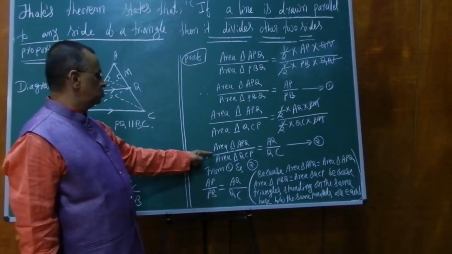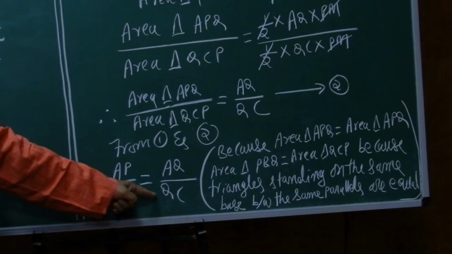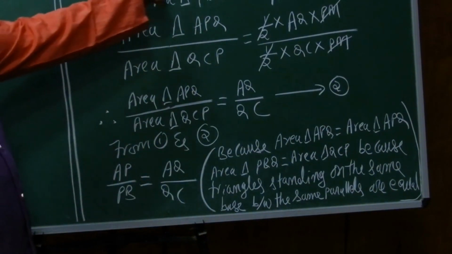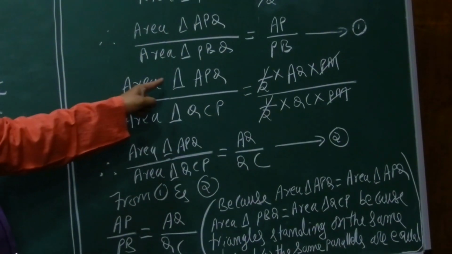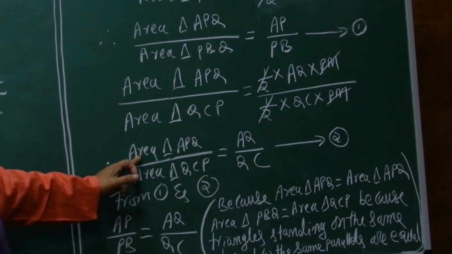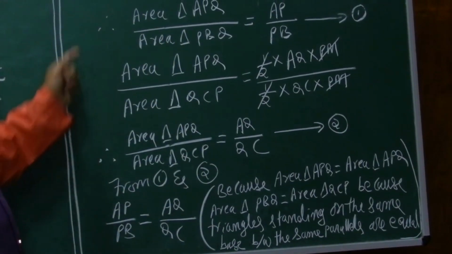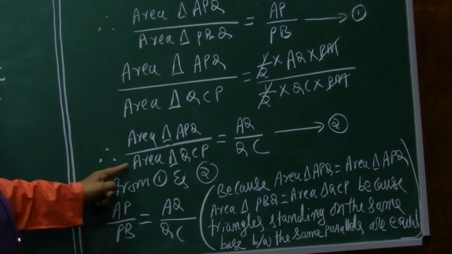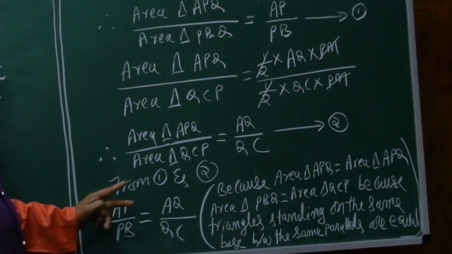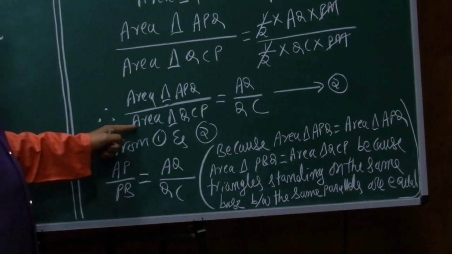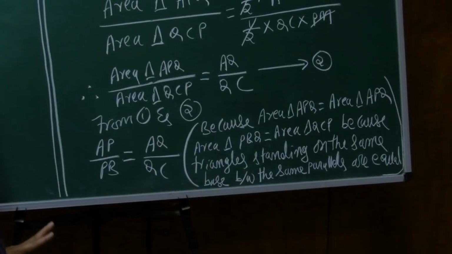From 1 and 2, AP over PB becomes equal to AQ over QC because area of triangle APQ, the numerator of the first equation, and area of triangle APQ, the numerator of the second equation, are equal, and area of triangle PBQ, the denominator of the first equation, and area of triangle QCP, the denominator of the second equation, are equal, because these two triangles are standing on the same base between the same parallels and are equal in area.